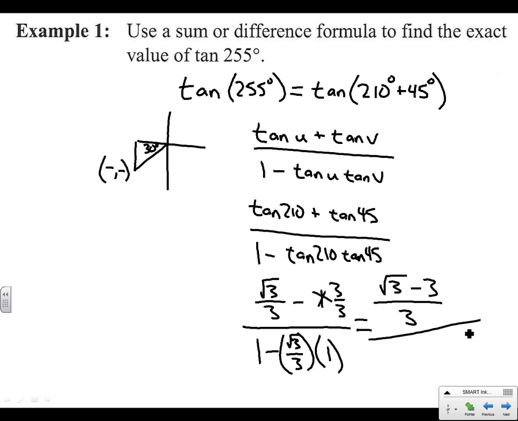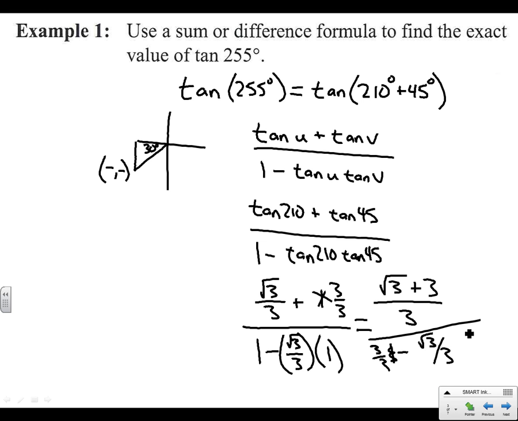Big dividing. 1 minus root 3 over 3. Let's cross this out also and make it 3 over 3 minus root 3 over 3. I had a minus on top, and that should be a plus. Didn't bring it down properly.